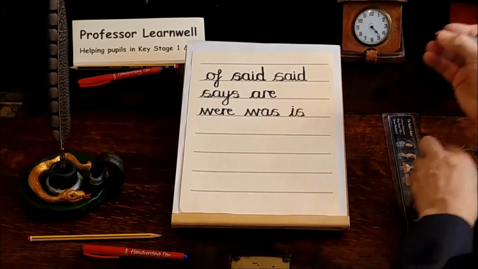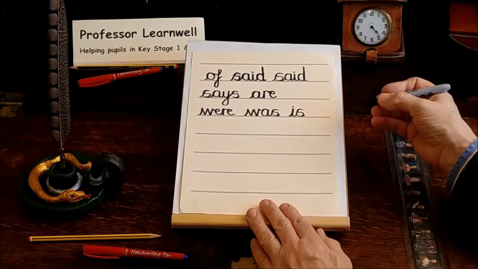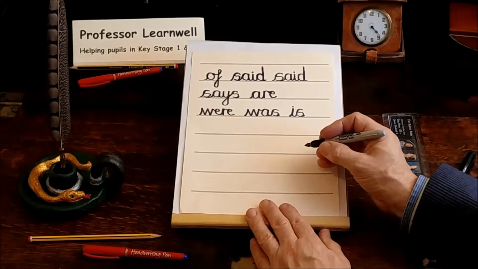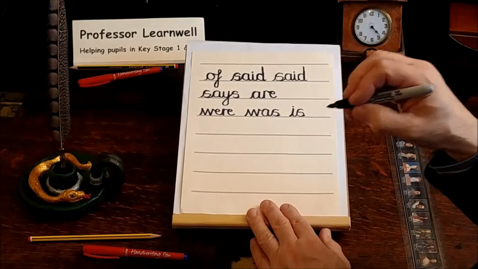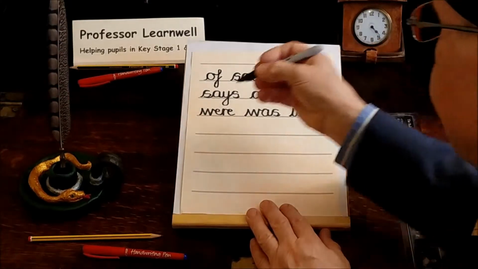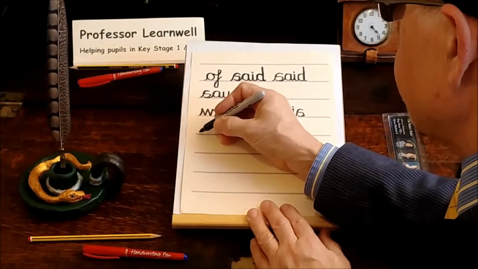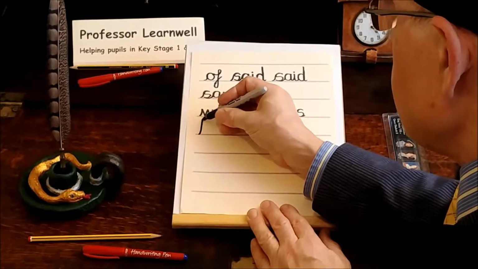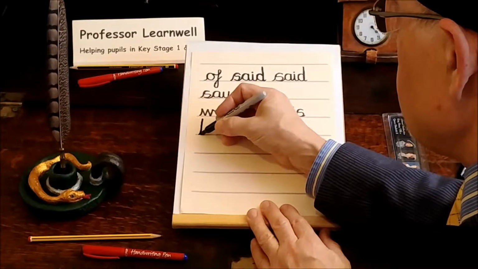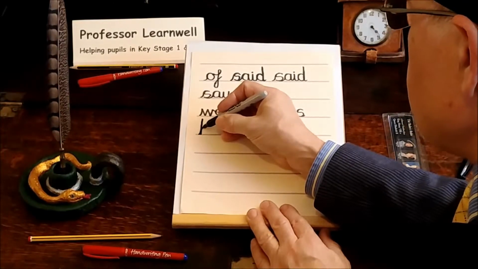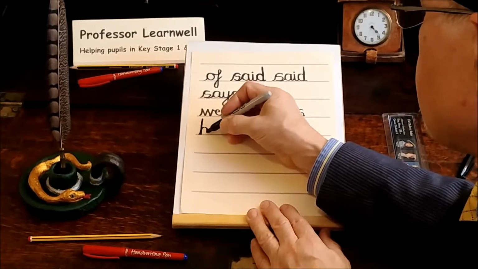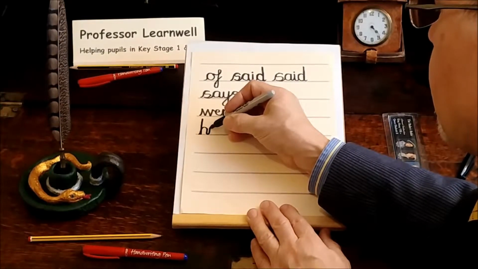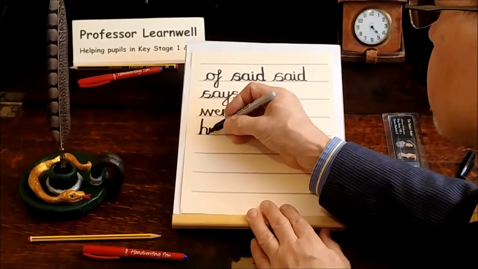Now, our next word actually follows the same rule as is: his, like his book is over there. So starting on the line, lead in, up almost to the top, down, bounce back up, over to the right, down to the line, back to form the letter I, but we don't dot it until we finish the word.